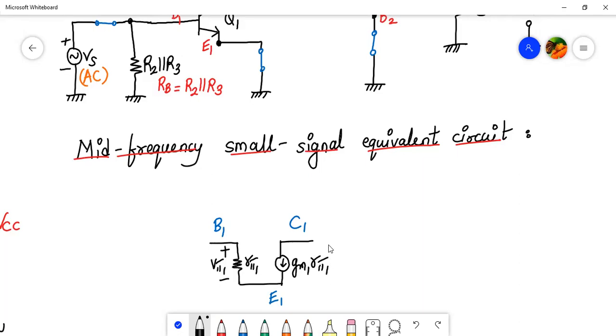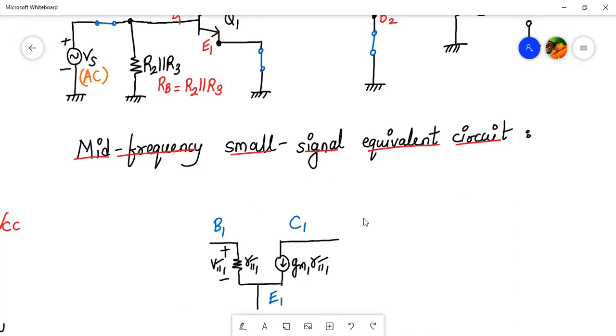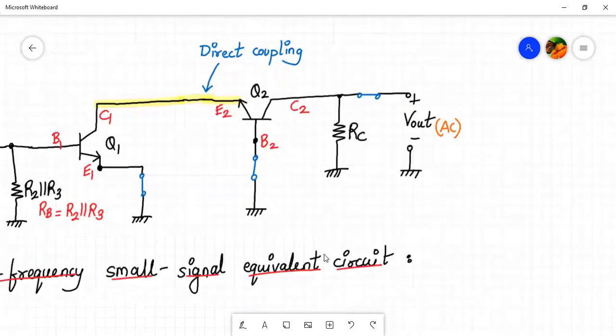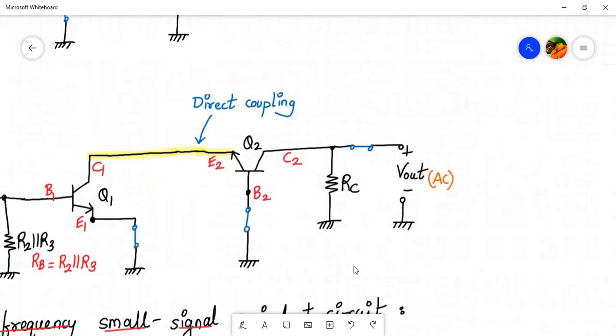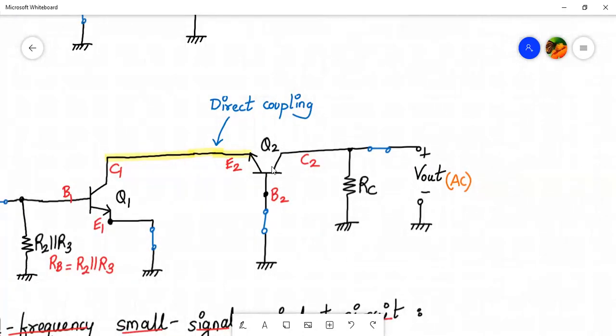And we are ignoring the RO right now for this analysis, right? So this is my small signal hybrid pi model for Q1 transistor. There is no problem in it. But for Q2 transistor, the orientation is different, right? It is rotated 90 degrees in the clockwise direction. So we have emitter 2 above on the left hand side, base is below, and collector is at the right hand side, right?